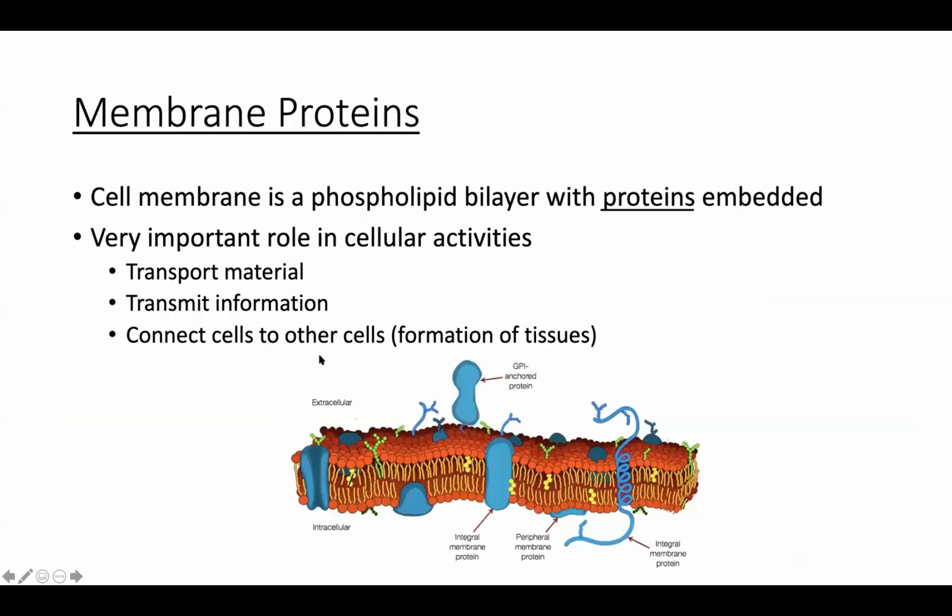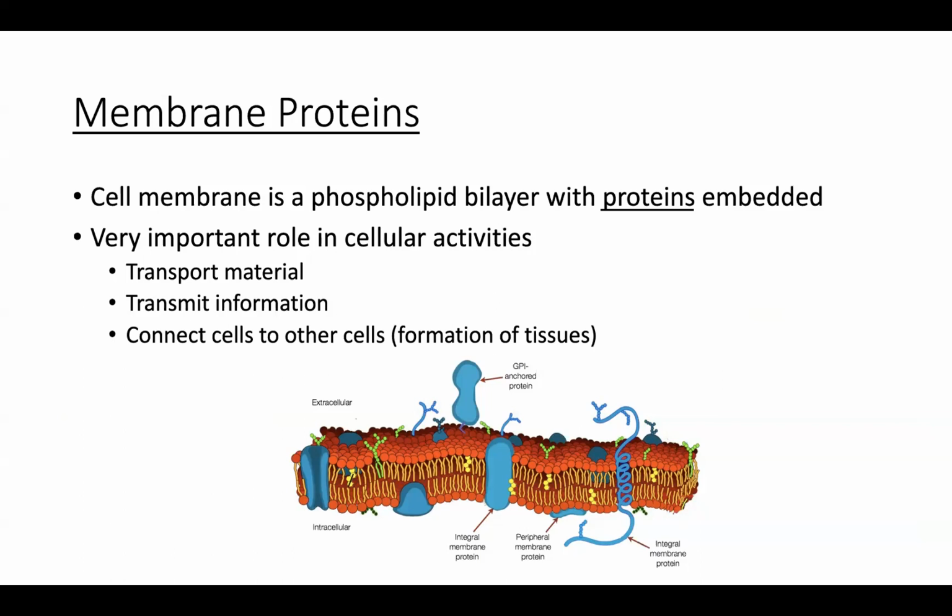All right. Also on the cell membrane, you will find membrane proteins. So we've got lipids, mostly the phospholipid, and then we've got proteins. These membrane proteins are going to be interacting with the membrane in various capacities.